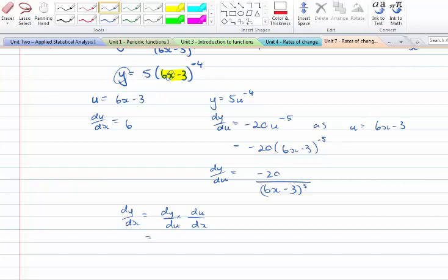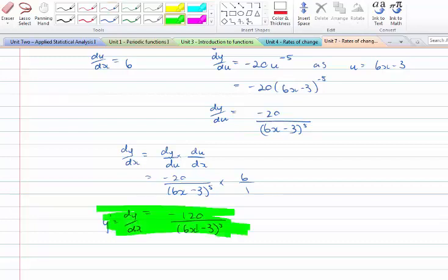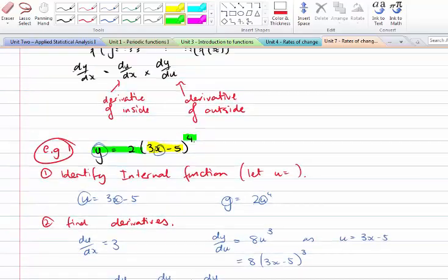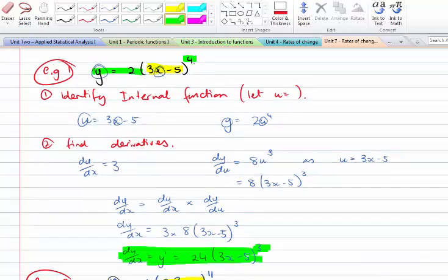So dy du, which is negative 20 on (6x take 3) to the power of 5, multiplied by 6, we can think of that as 6 on 1, gives us negative 120 on (6x take 3) to the power of 5. There we have it. y dash, or dy dx, is equal to negative 120 over (6x take 3) to the power of 5. So remember, this is only for very specific scenarios that we're talking about at the moment, when we have a function of a function. So it means that we have a function raised to a power.